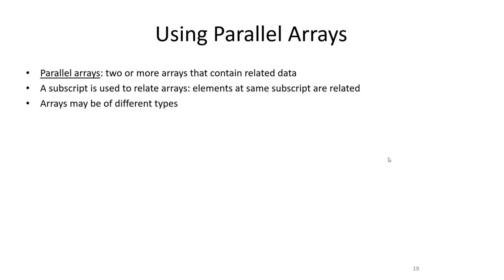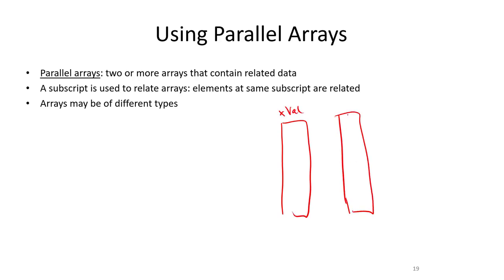All right, our next topic for today is parallel arrays. Parallel arrays are arrays that contain related data. A good example of this is if you have one array that has x coordinates and another array that has y coordinates, for example, like x and y coordinates in a Cartesian plane.